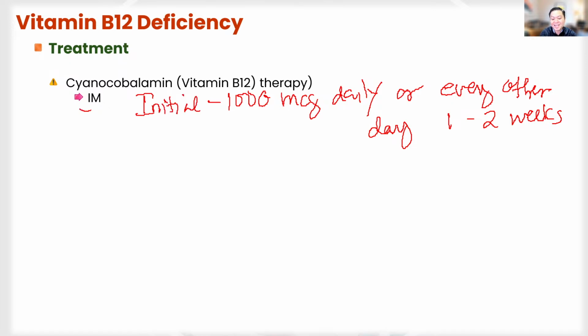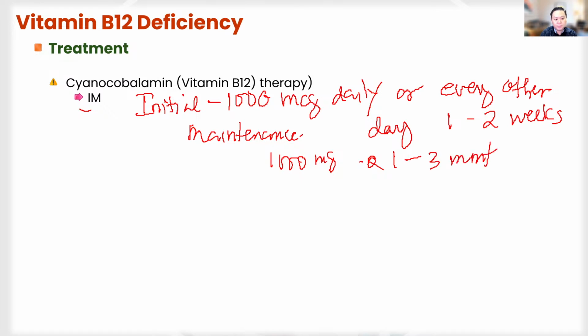If they're getting the IM, during the initial phase, they're going to get the 1,000 micrograms per day, given every day for 1 to 2 weeks, or let's say every other day. Now for the maintenance therapy, the patient will be getting the 1,000 micrograms, and this is going to be every 1 to 3 months.